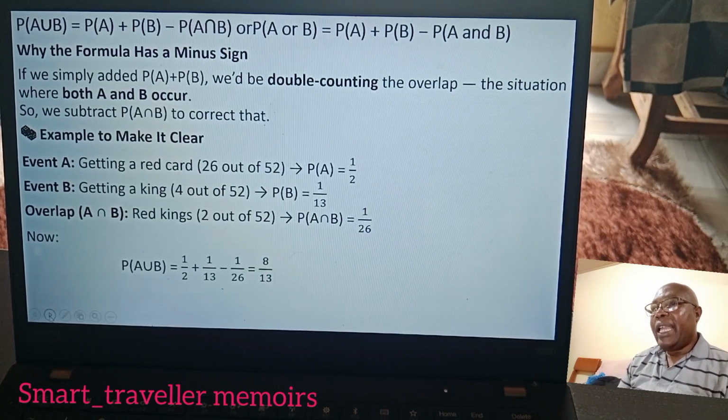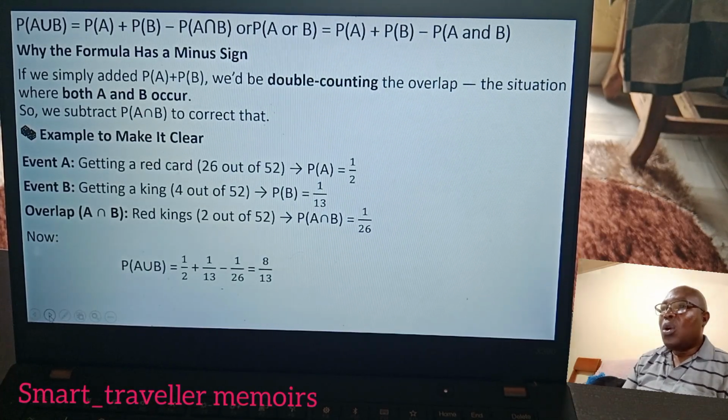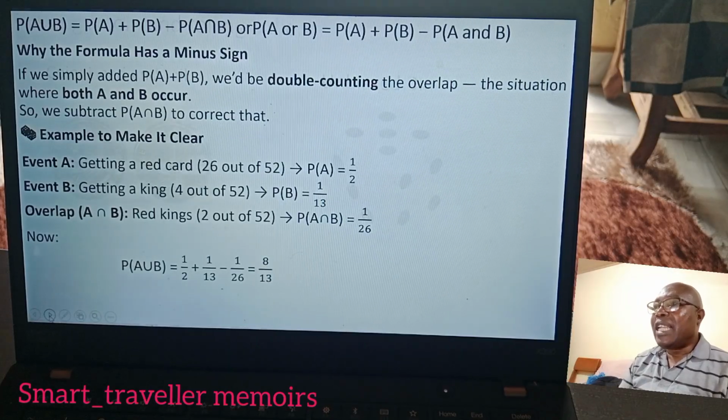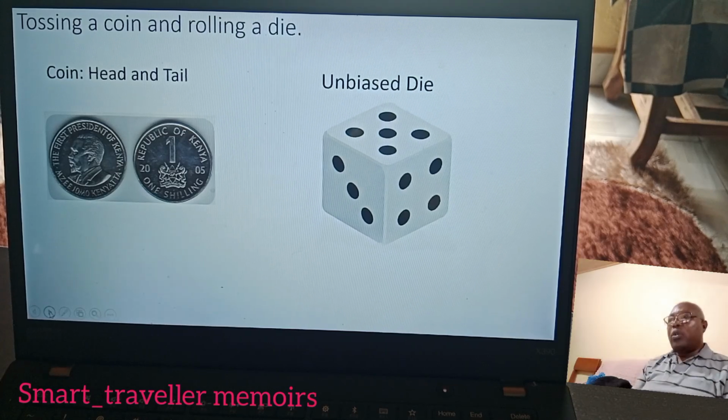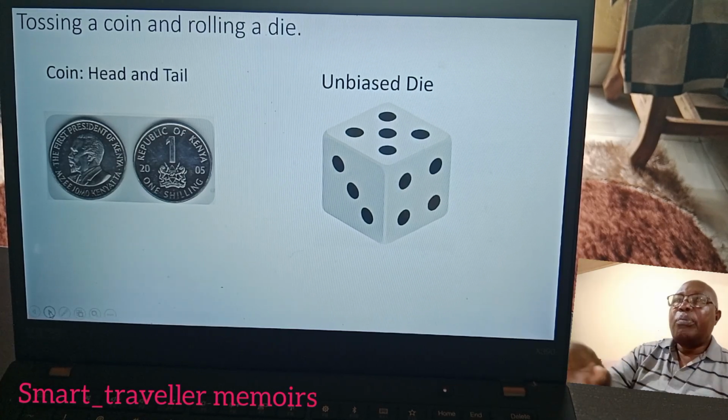Now, P(A union B) will be equal to 1 over 2, the probability of a red card, plus 1 over 13, the probability of getting a king, minus 1 over 26, the 2 red kings which are being repeated in the kings, and you get 16 over 26, which is equal to 8 over 13 when you simplify.